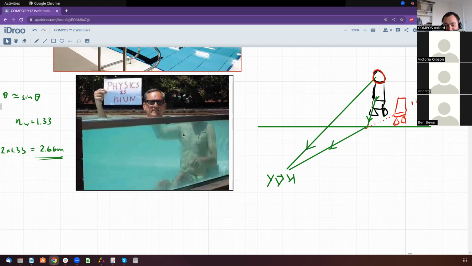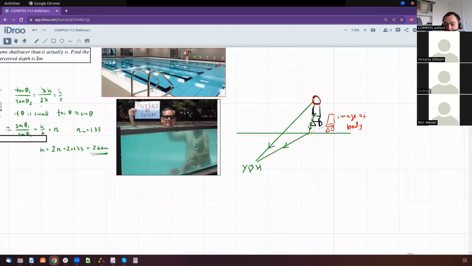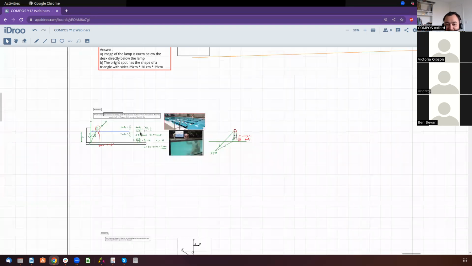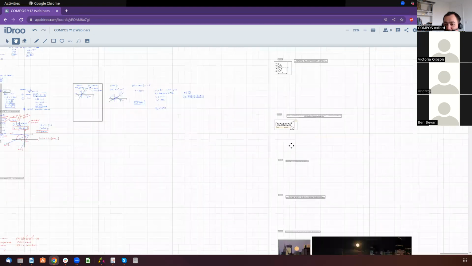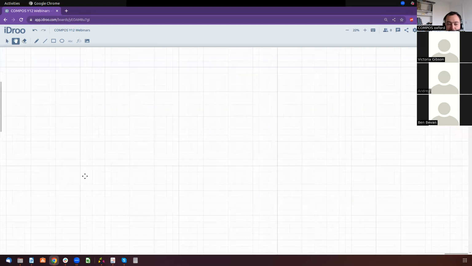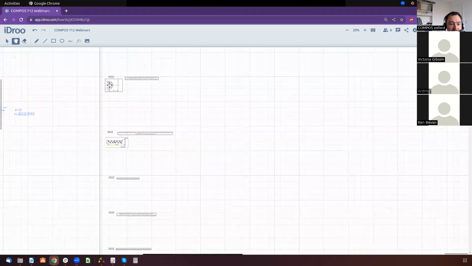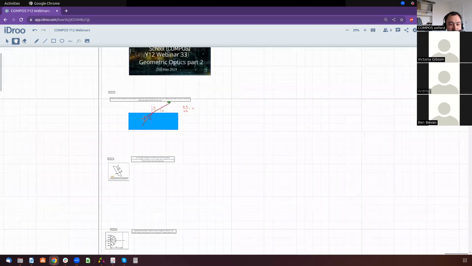Here the refraction changes the direction of light, deviating from a straight line, and the same thing is happening here. We have a rod.